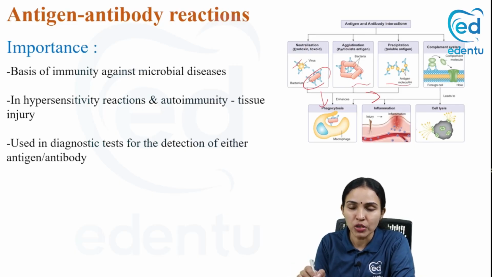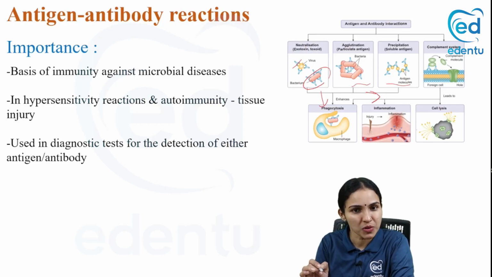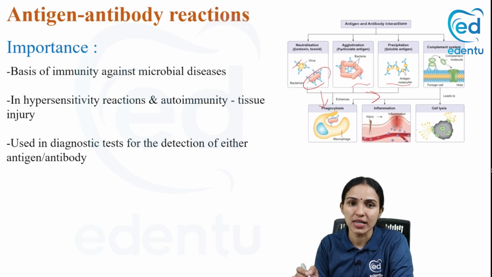We also have specific types of antigen antibody reactions like agglutination and precipitation, which are important in diagnosing disease. Suppose we want to detect the presence of antigen in a patient's blood, for example hepatitis B. We find out whether the hepatitis B surface antigen is present, using monoclonal antibodies against it as a reagent.